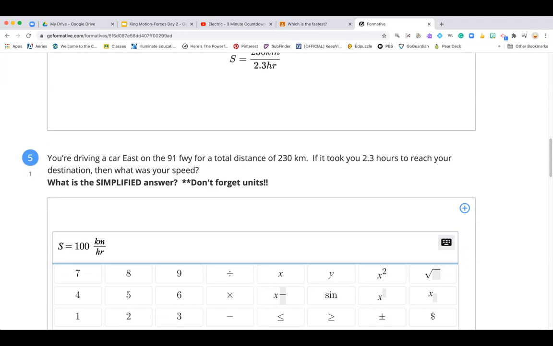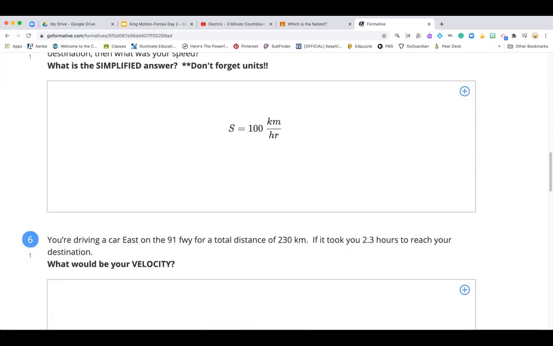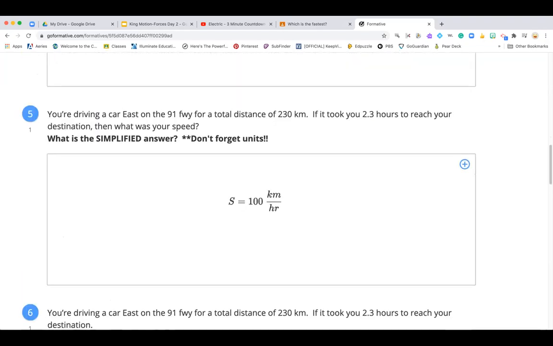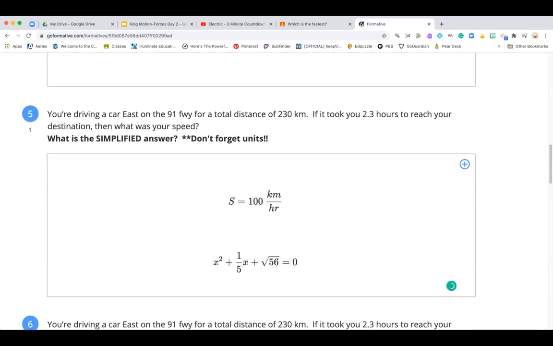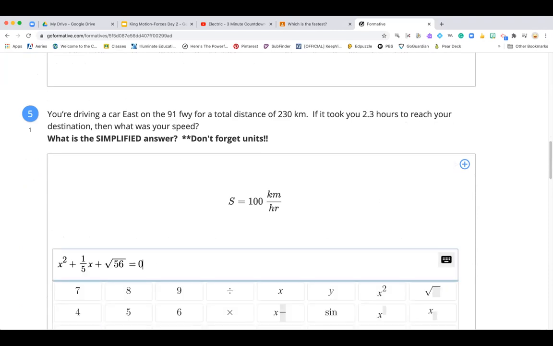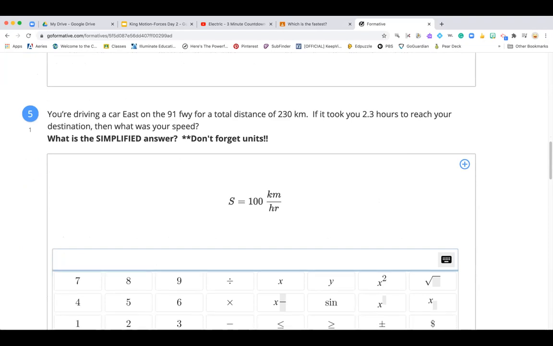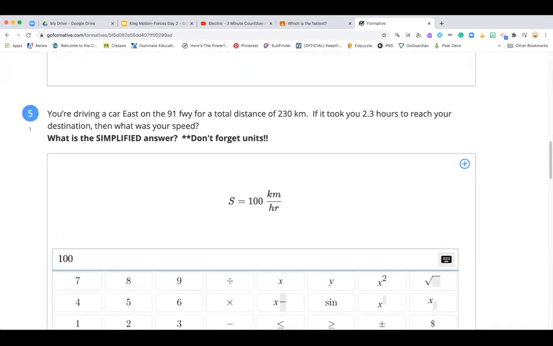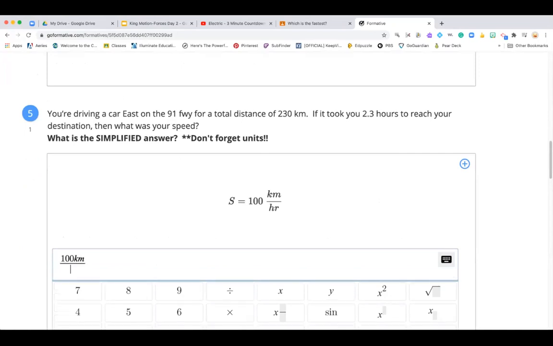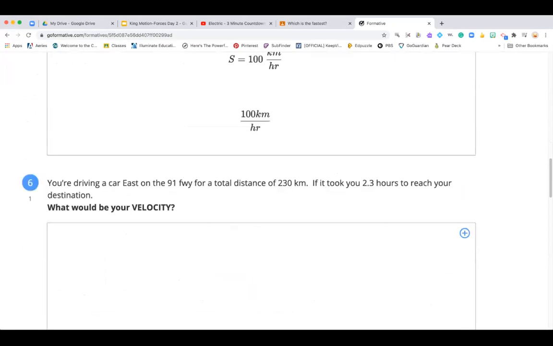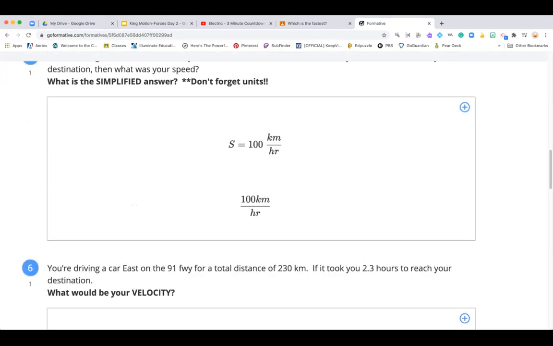Some of you said, and this is perfectly fine, 100 kilometers per hour. They're both correct.